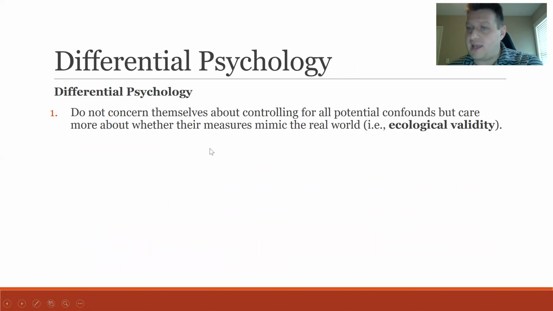Now let's look at things through the eyes of a differential psychologist. Differential psychologists are less concerned about controlling for all potential confounding variables. They are more concerned that their tests and their measures mimic what is found in the real world. They don't want stale tasks that might seem very dissimilar to what human beings actually do. Remember the chin strap, it's very, very restrictive.